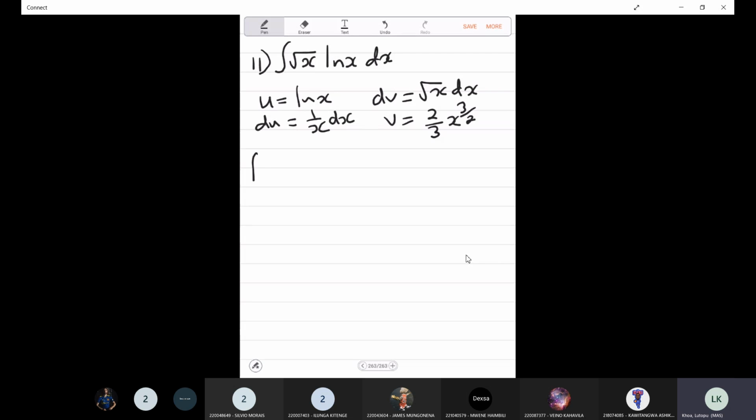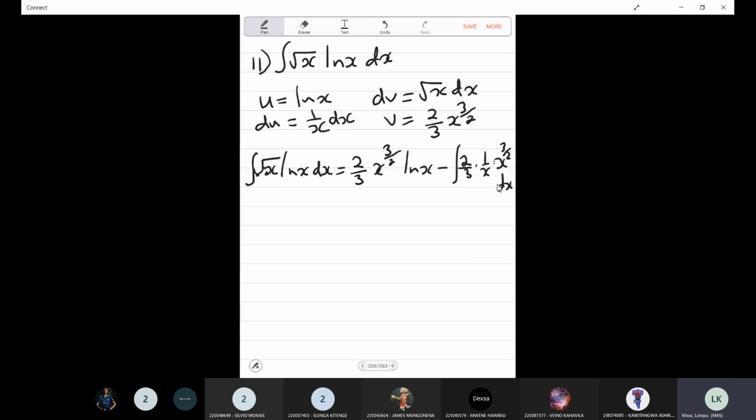Okay, then this means that the integral of the square root of x times ln of x dx is u times v, so it's 2 over 3 x to the power of 3 over 2 ln of x minus the integral of v du. So we have 2 over 3, 1 over x times x to the power of 3 over 2, and there's a dx over there.